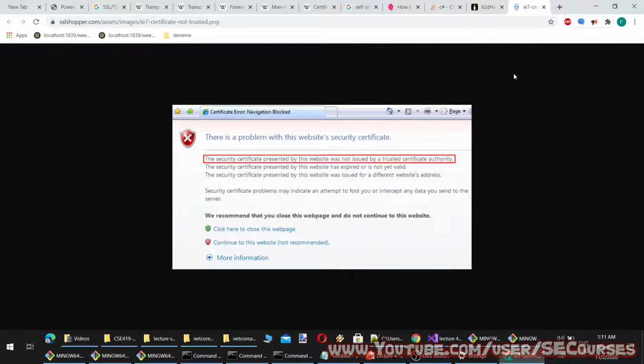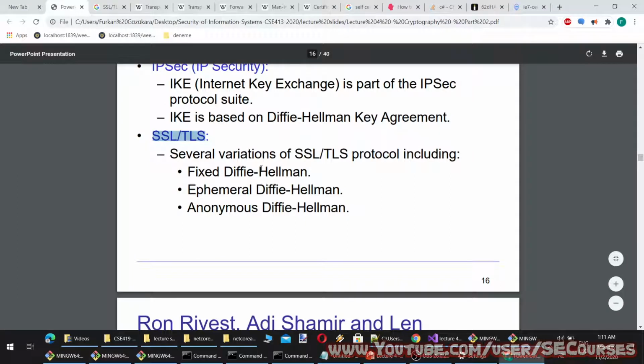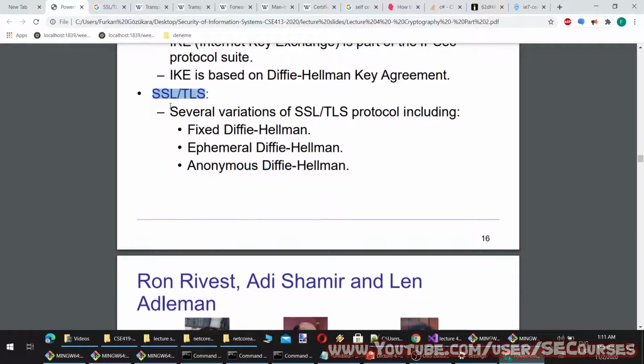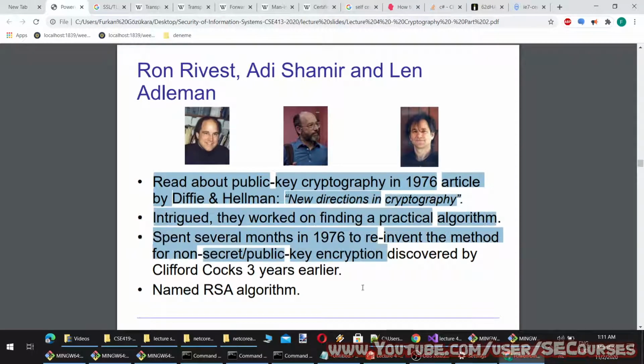Therefore, using an updated browser is really important. I think Chrome is pretty much trustworthy in this case. Okay, you can read about this.